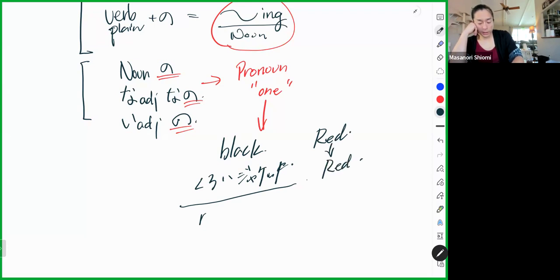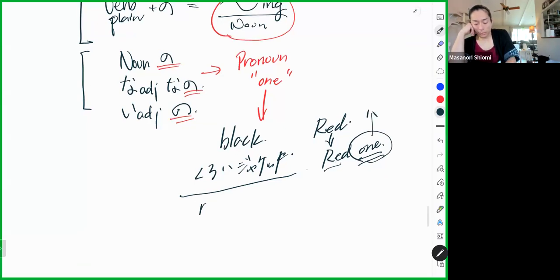I said red one. Why? Because I was too lazy or didn't want to be redundant and say red jacket. By adding this pronoun one, we can avoid being redundant, or we can be lazy, say use less energy.